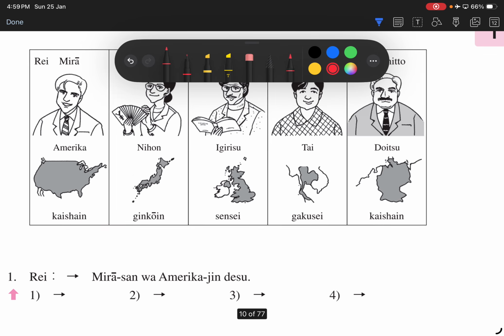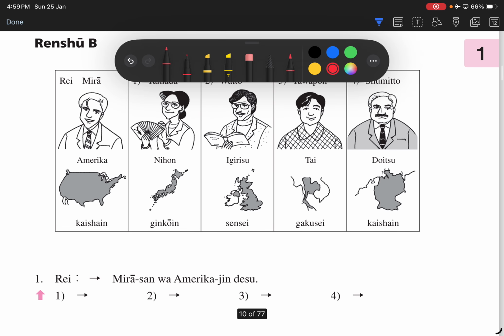What you're expected to do here is, for example, number 1. 例 means example. The sentence here is 皆さんはアメリカ人です. 皆さん is the person in this example, and he is from America. When we put 人 behind the country, it immediately becomes the nationality.